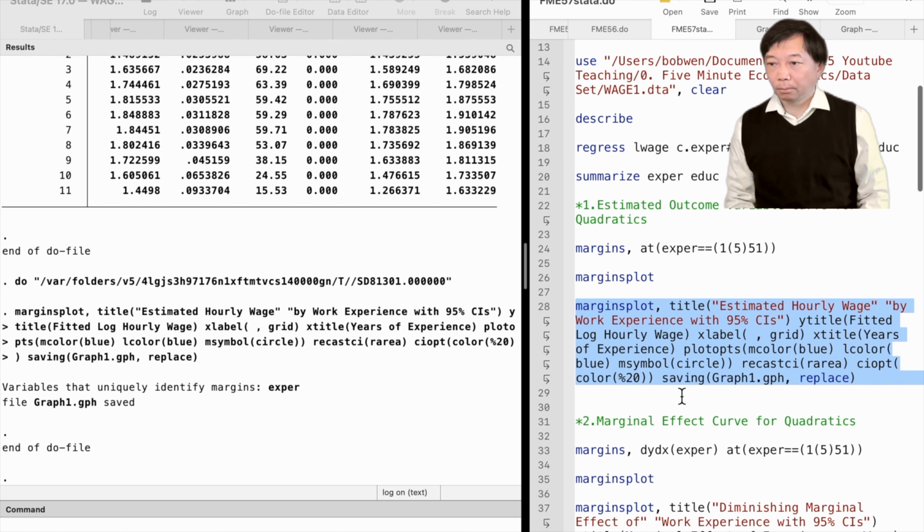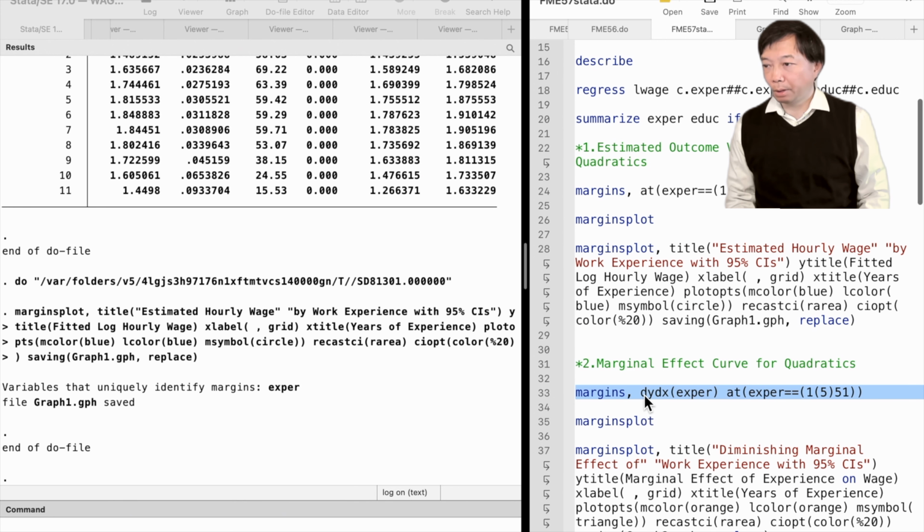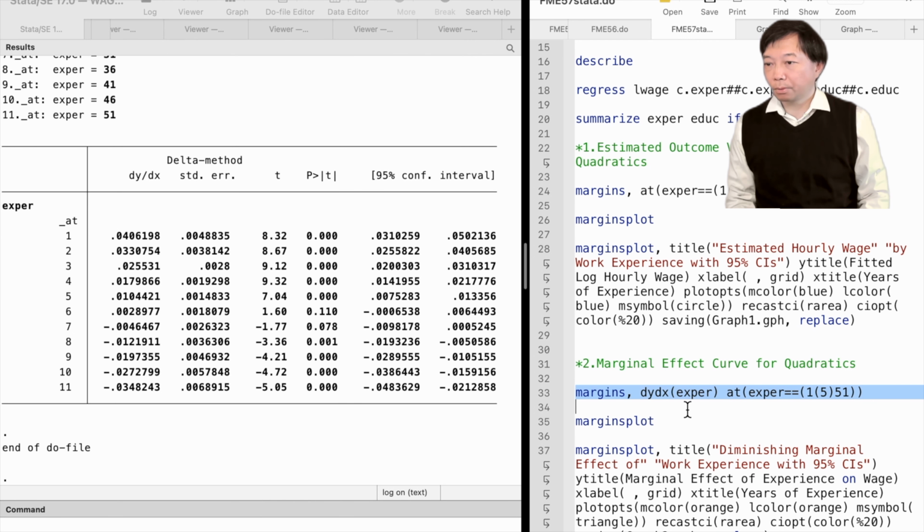In Stata, we use the dy/dx option to calculate the marginal effect of experience on wages at specified years of experience. We calculate marginal effects every 5 years.